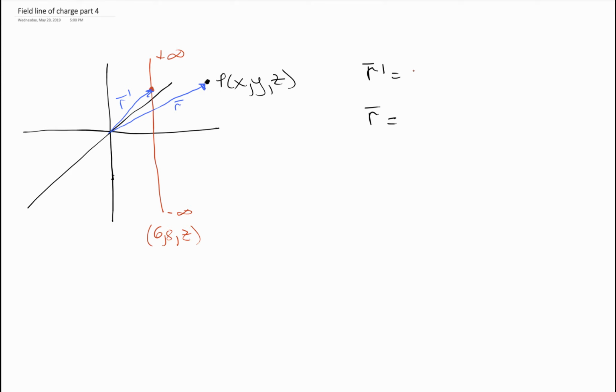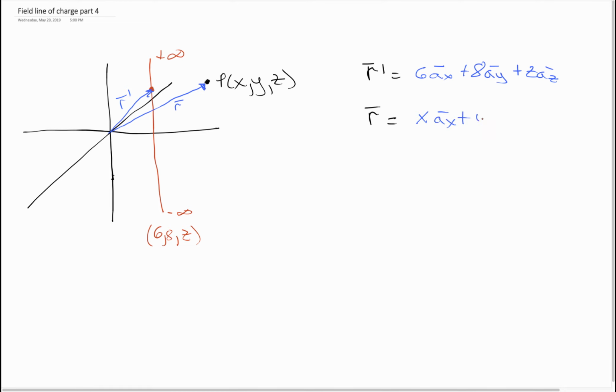So r prime is going to be 6ax, because we're in rectangular coordinates when we're off the axis, plus 8ay plus z az. We're at some point z here. And then r is going to be x ax plus y ay plus z az.